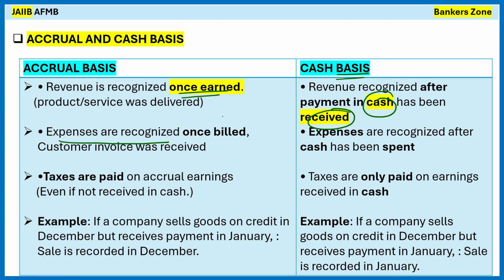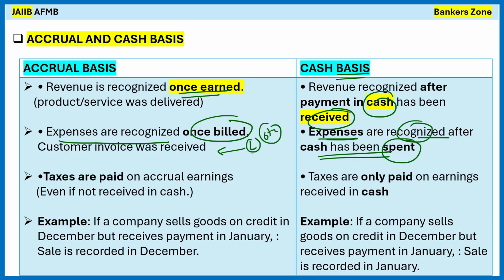Expenses are recognized once billed, and in cash basis, expenses are recognized only when the cash is spent. So cash basis means when the cash is actually handed over, at that time we will mark it as recognized. But in the case of accrual basis, once you receive the bill, for example, you receive the electricity bill on the 6th of the month, on the same day you have to mark it. For example, you received 1,000 rupees as an electricity bill on the 6th of the month.